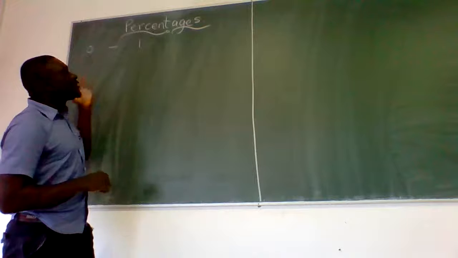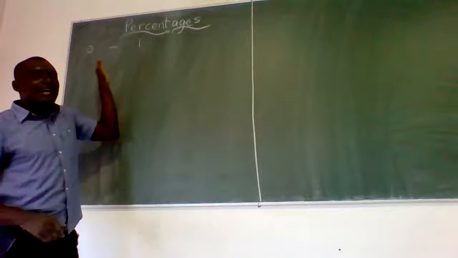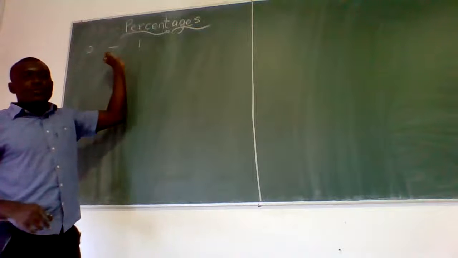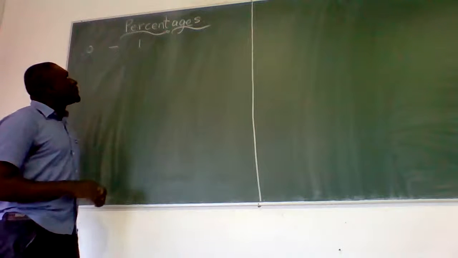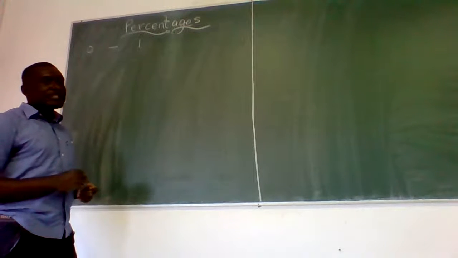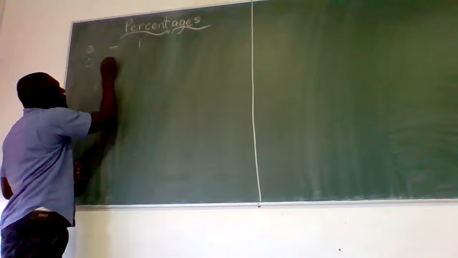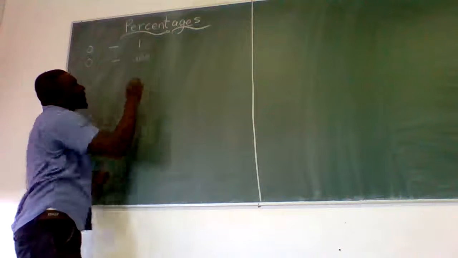In between are the uncertainties that we call probabilities. In percentages too, we are going to find something very similar, and this time it's going to give us between 0 and 100.